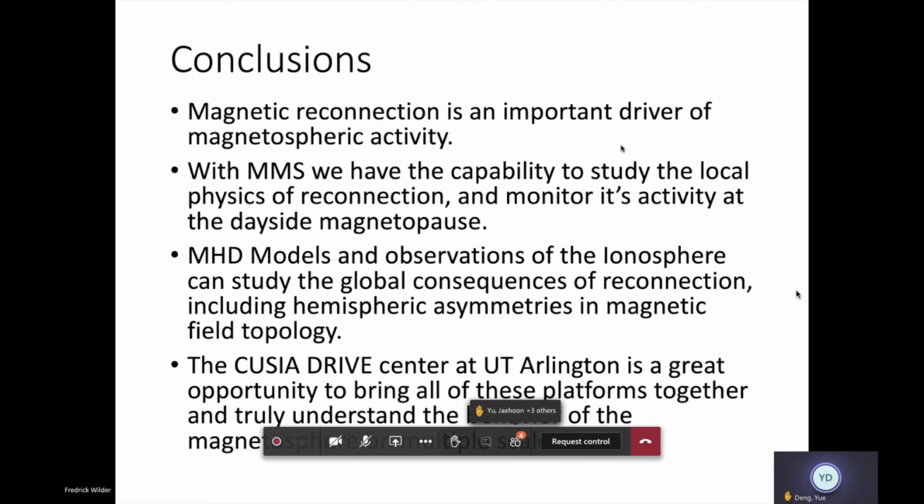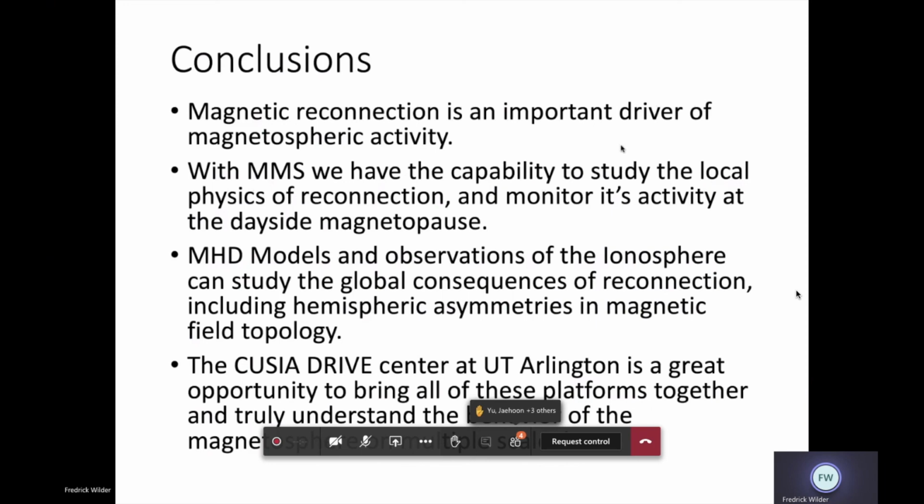Sure. So for the first question, MMS was designed to resolve spatial and temporal differences. It's got a very tight formation, although actually MMS is separating slowly. We're going into extended mission, and we've kind of beaten the electron scale physics to death, so we're starting to separate out.